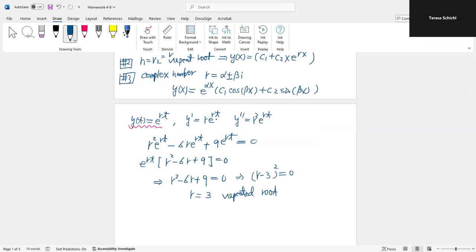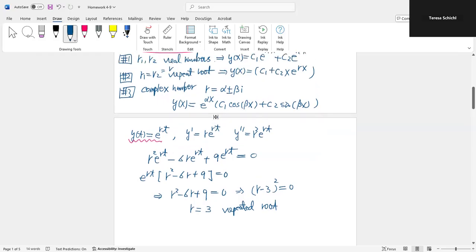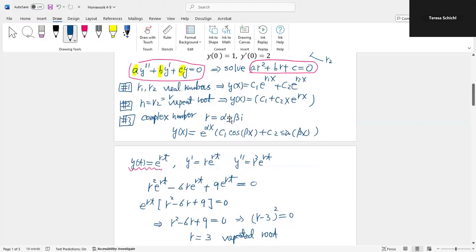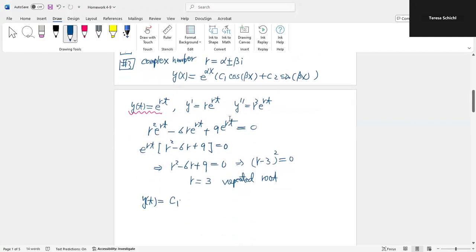So for my general solution, I can combine the two solutions here. It will be (C1 plus C2 t) e^(rt). So my general solution y(t) will be equal to (C1 plus C2 t) e^(rt).